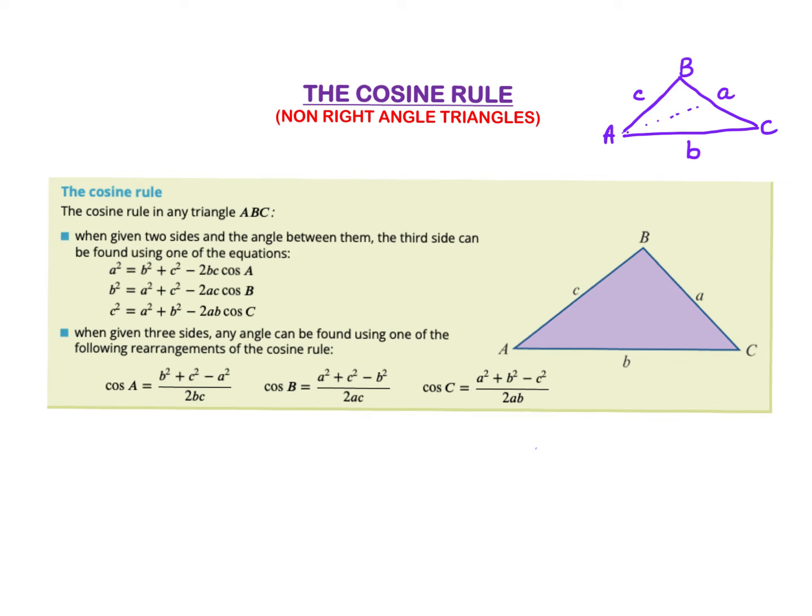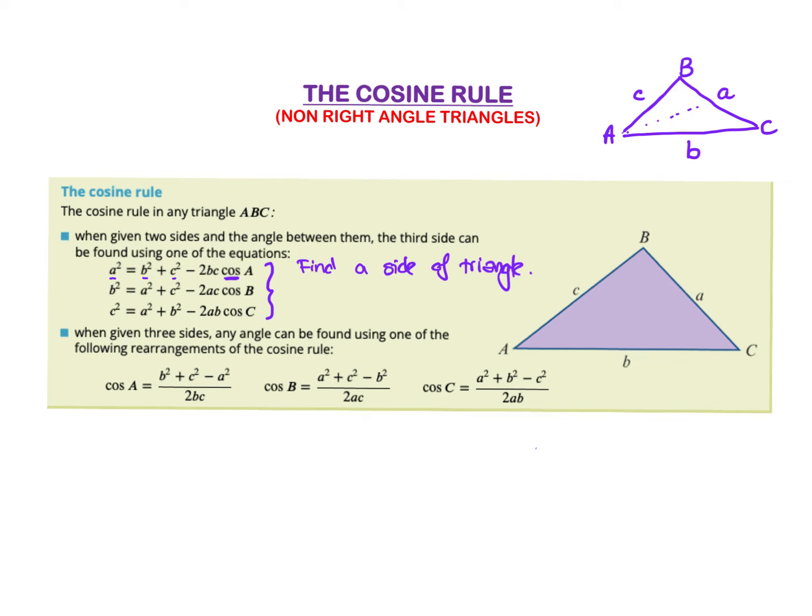So here, when we've got the cosine rule, first of all we've got these three rules here, and they're used when you're trying to find a side of a triangle. You can see that in the formula we have the function cosine, so that's why they're cosine rules, and they're using the letters of the side lengths of the triangle.